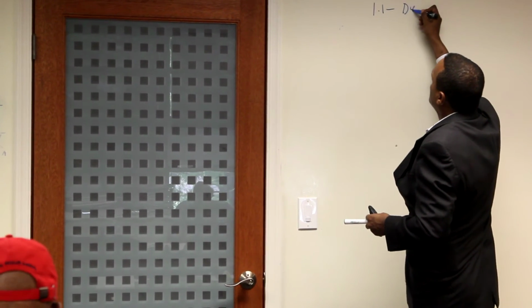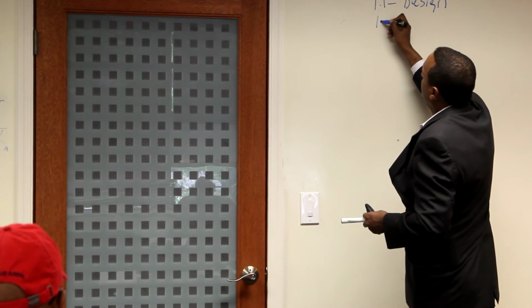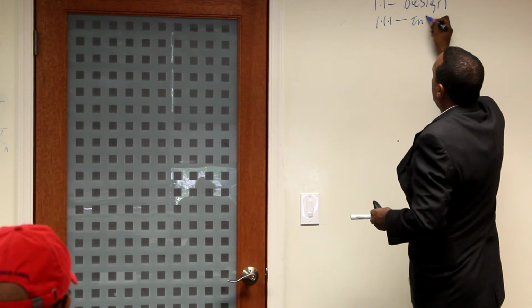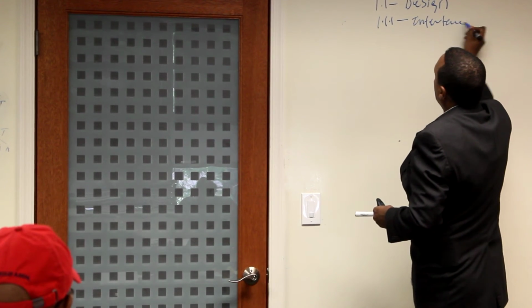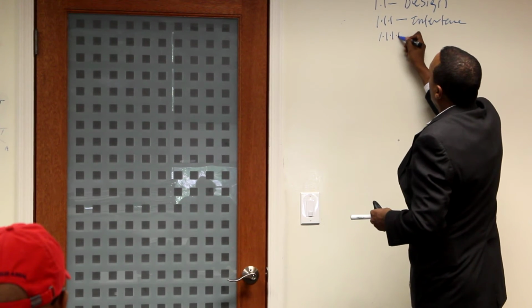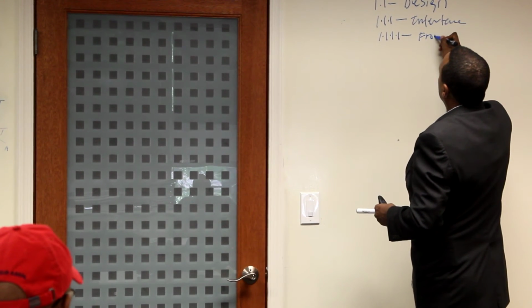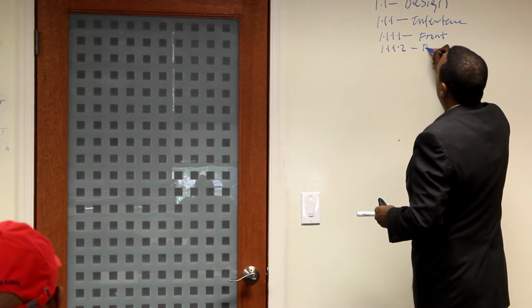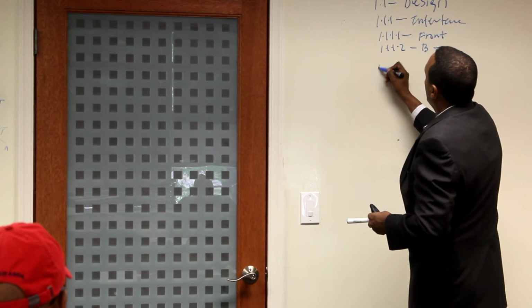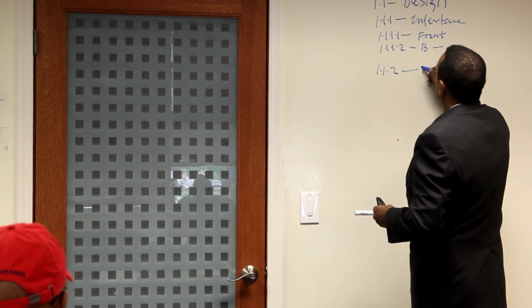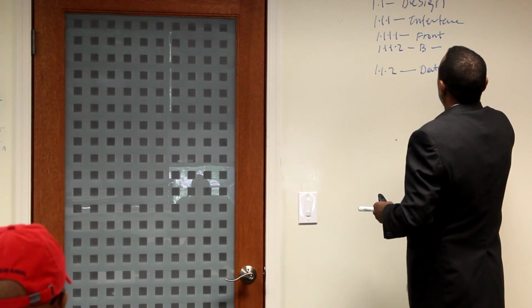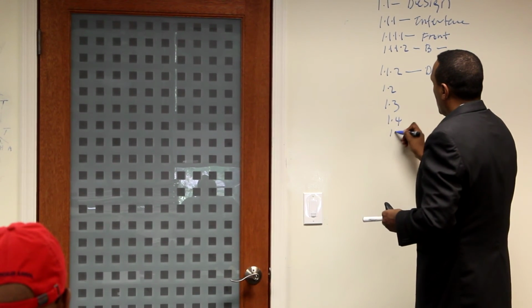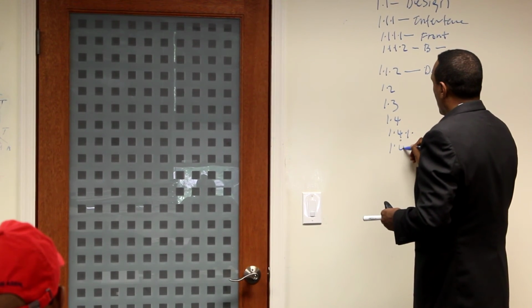You may have, let's say, 1.1 is design, then 1.1.1 is interface design, then 1.1.1.1 is front interface, 1.1.1.2 is back interface, then you go back to 1.1.2 is database, and then it goes on, 1.2, 1.3, 1.4, 1.4.1, 1.4.1.1.